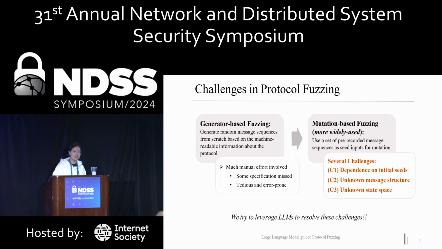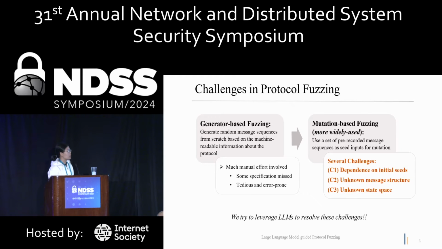And after that, we are still not sure whether we constructed a correct model, whether we missed some information in the RFC documents, or whether we introduced errors in the message structures. So you can see it's very hard to depend on manual effort to construct the correct state machine information and message structure information.